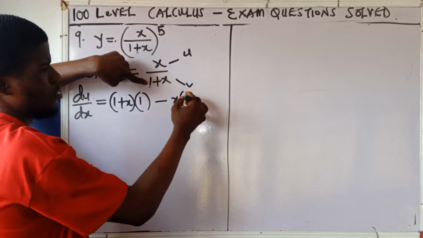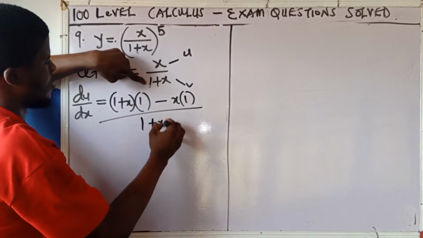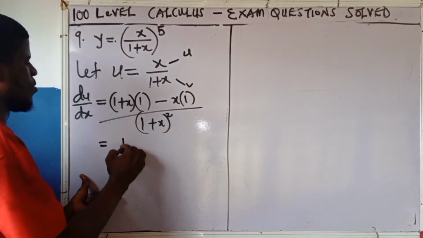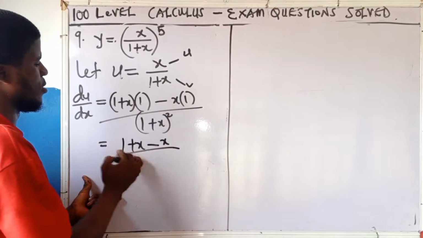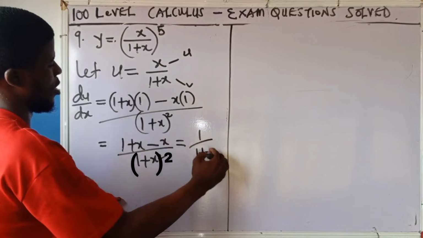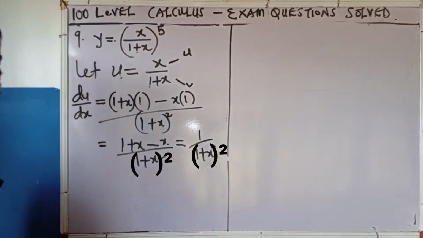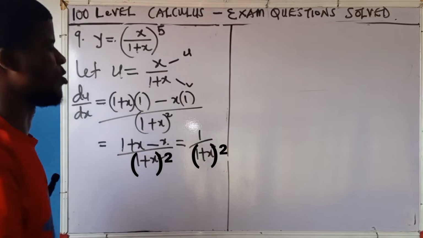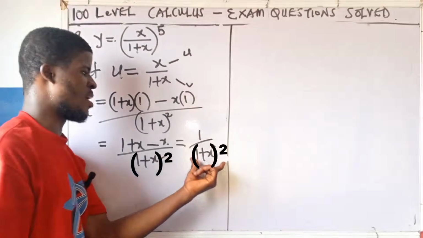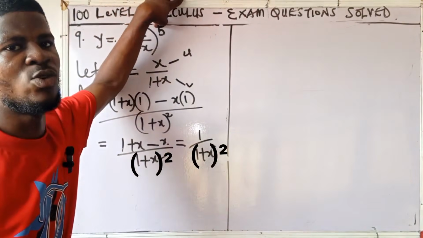Differentiate 1 plus x, you're going to get 1. All over, write this 1 plus x, square it. So this is 1 plus x times 1, minus x, all over 1 plus x squared, which will produce 1 over 1 plus x squared because x minus x cancels out. So this is the du/dx to be used by the chain rule. If they had asked me to differentiate y equal to x over 1 plus x only, this would have been my answer based on the quotient rule. But because of this power of 5, it turns into a chain rule question.